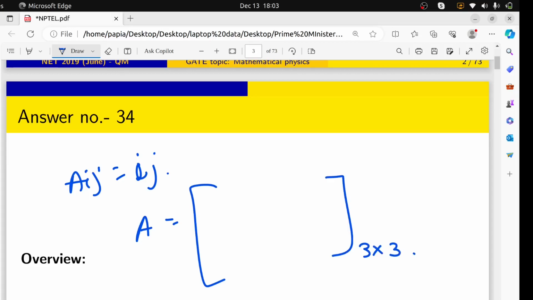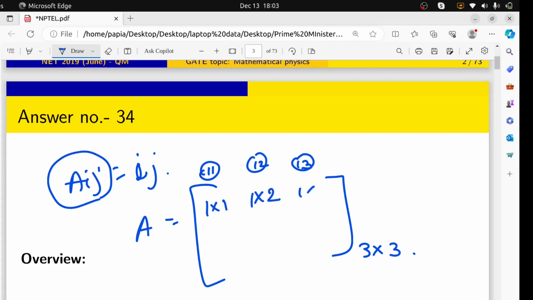This is the 1,1 element, this is the 1,2 element, this is the 1,3 element, right? Then the elements will be 1 into 1, 1 into 2, 1 into 3, something like that.